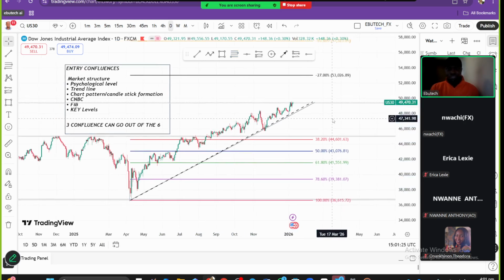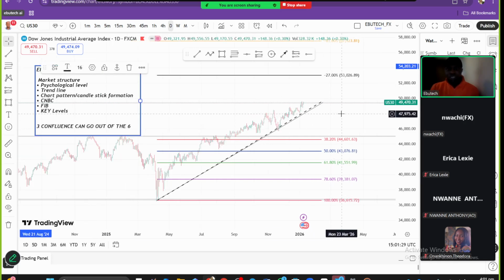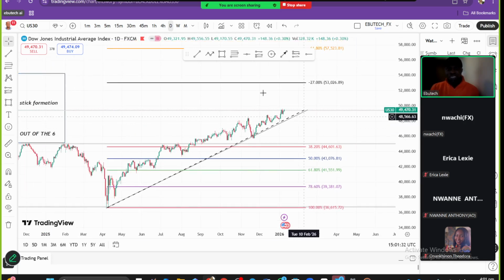Can you guys see? So when you drop it here, now you are already seeing that the next target that the market is going to is this 27%. This is the next place that the market is heading to, right?